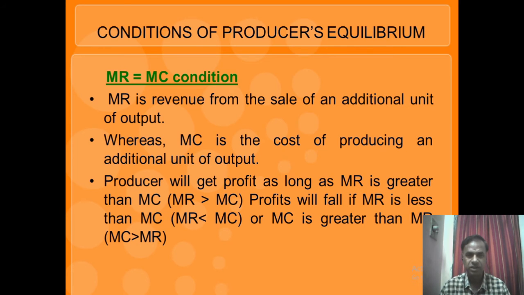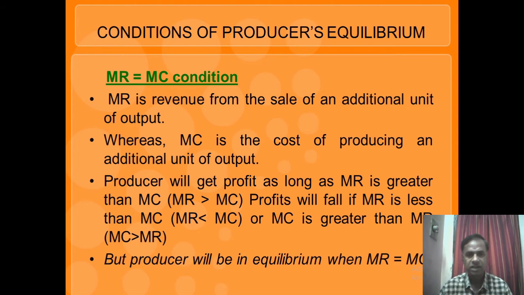So that's why the condition is MC must be equal to MR. MC should not be greater than MR, nor less than MR. So the producer will get maximum profit, or will be in equilibrium, only when MC is equal to MR. That is the first condition.